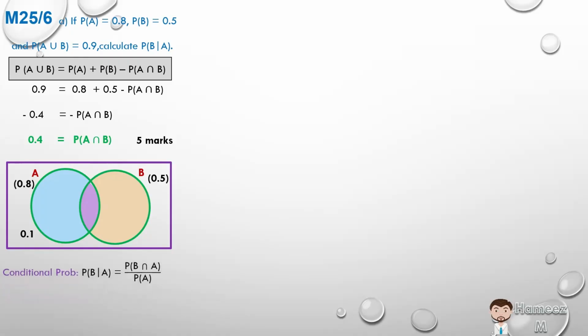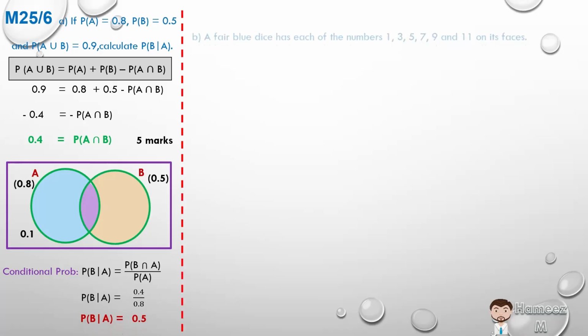So the conditional probability is the probability of the intersection, the purple area, over the probability of the entire A, which is the blue and the purple. So it's 0.4 over 0.8, which works out to be a half. So the conditional probability is 0.5.